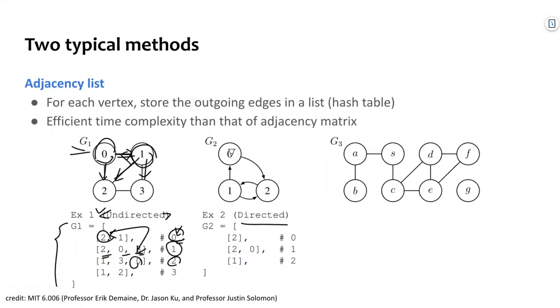So in the case of vertex 0, it only contains the vertex 2 because it is the only outgoing vertex. And when you see node 2, it does not contain 0. However, if it were an undirected graph, then it would have included this one, like this. So we only store the outgoing edges.